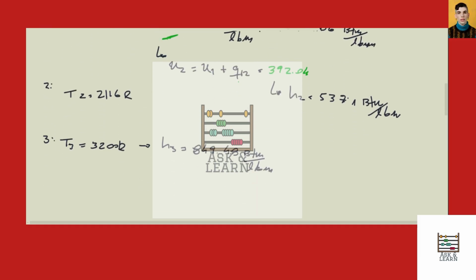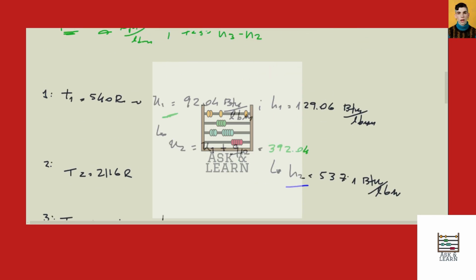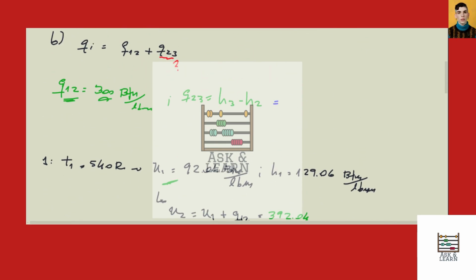Therefore, now that we have both the enthalpy at point 3 and the enthalpy at point 2, we can finally calculate what is the heat Q23, and this heat is going to be just 312.38 BTU/lbm, which gives us a final input heat which is 300 plus 312, or 612.38 BTU/lbm.